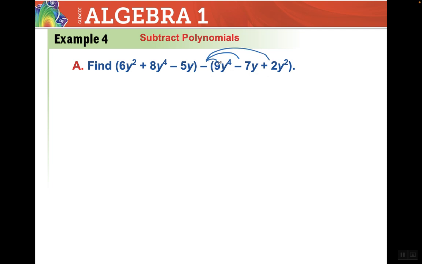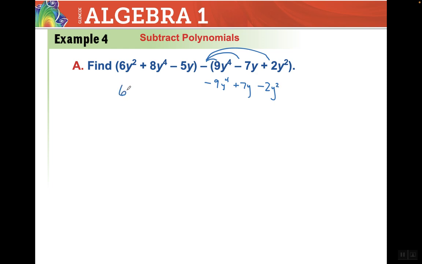So it's just a -1 times a positive 9y to the 4th, -1 times a -7y. So this becomes a -9y to the 4th. This becomes a positive 7y, and then a -2y squared.